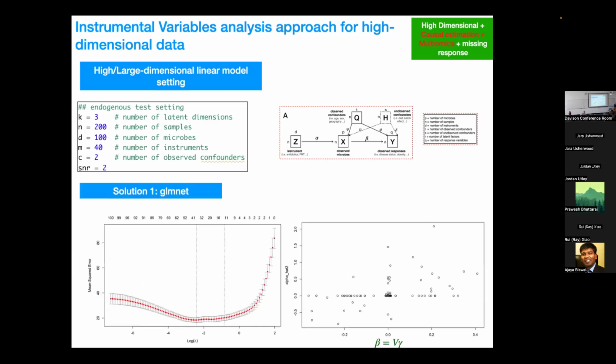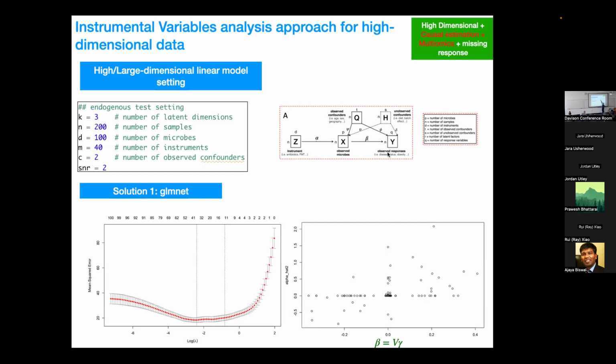But if we take the classical approach, where I'm interested in understanding the association between the microbiome and the outcome of interest, and I ignore everything else, like the instrumental variable and causality, the available framework of lasso and the like can do the job.